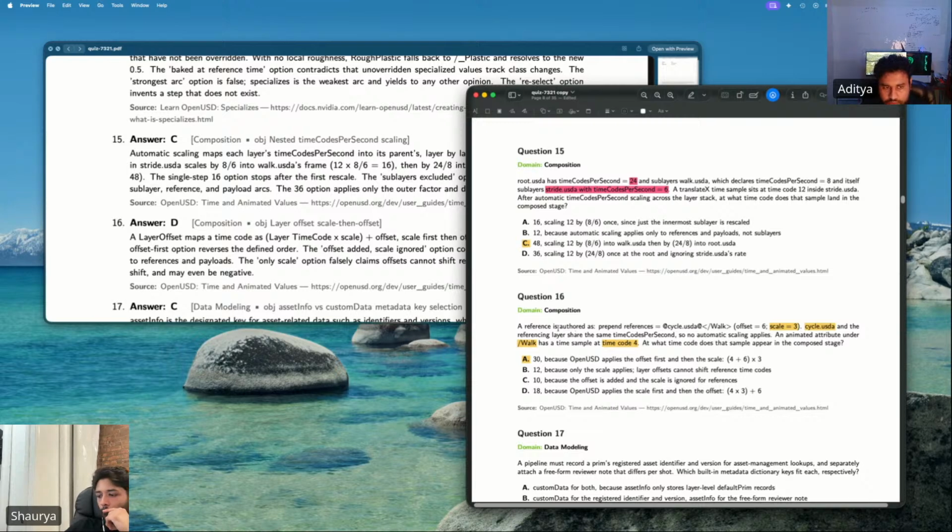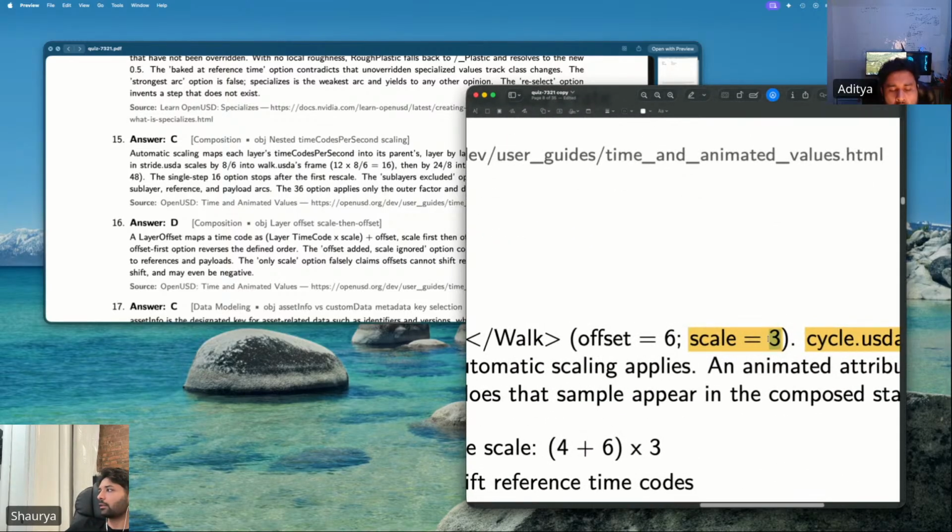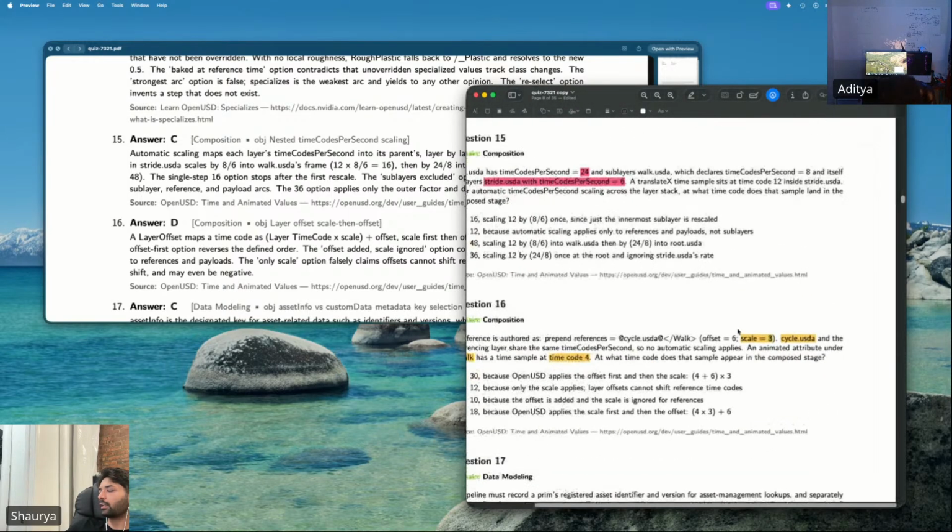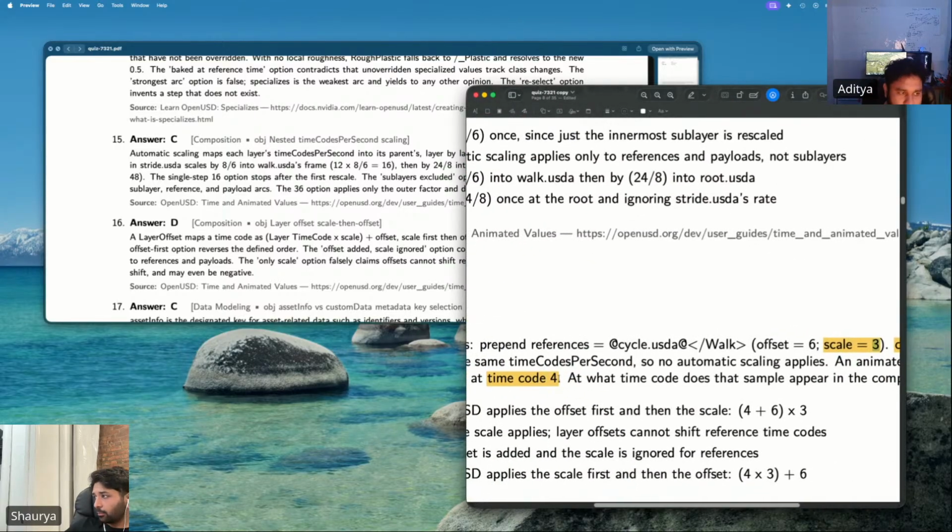Do you understand now? No. So scale here, scale equal to 3, means that the time between every timecode becomes 3 times more, so that's why 4 into 3.